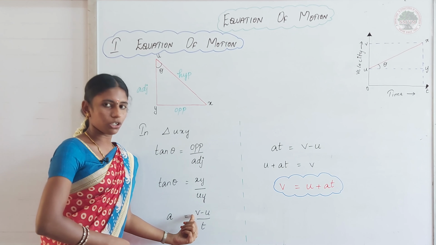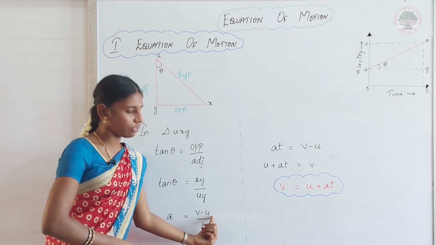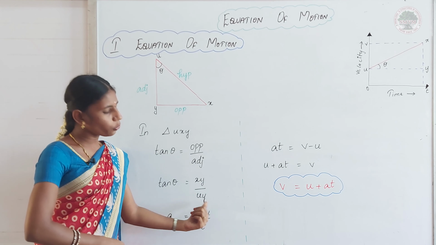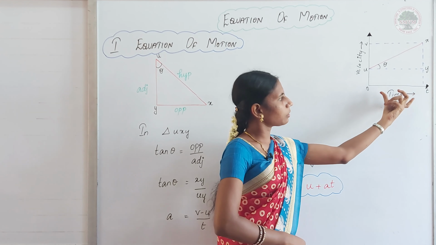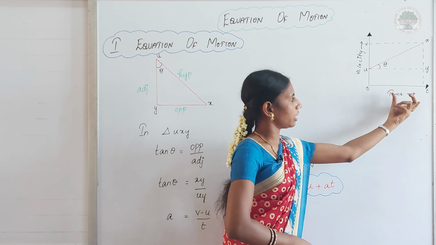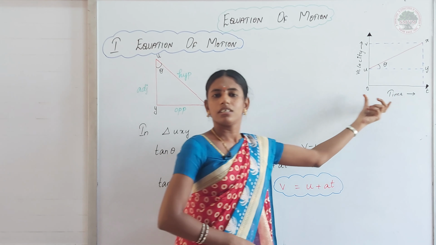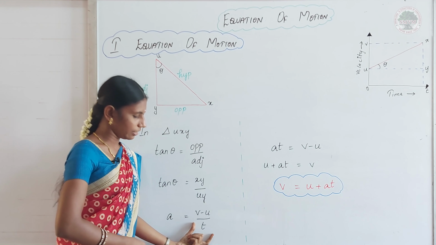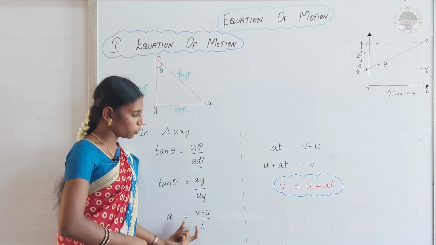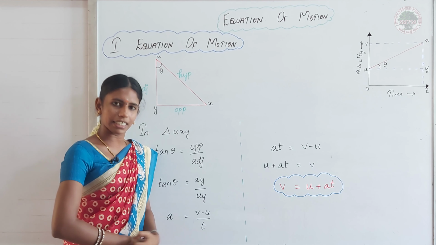Now what does UY say? It is just parallel to the time axis OT, so we can denote it as time t. So a is equal to v minus u by t.